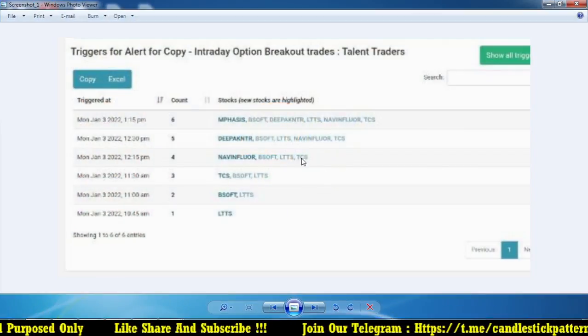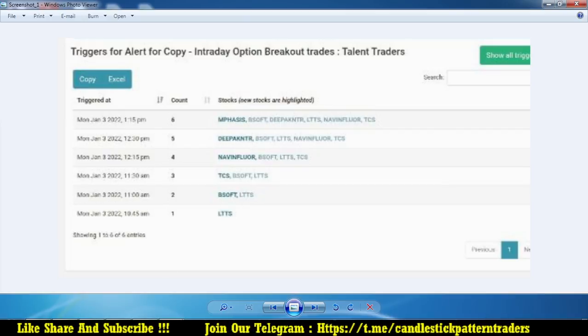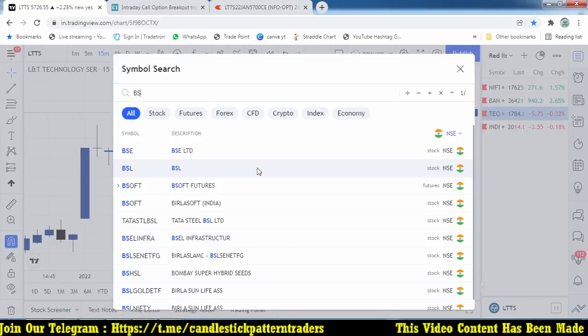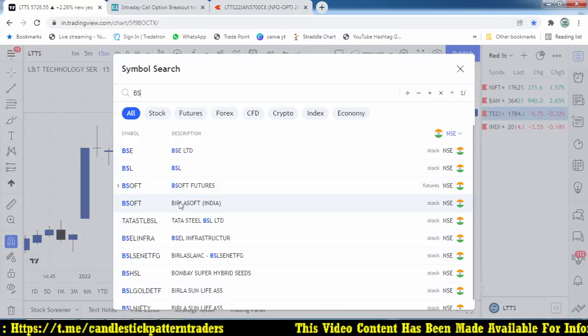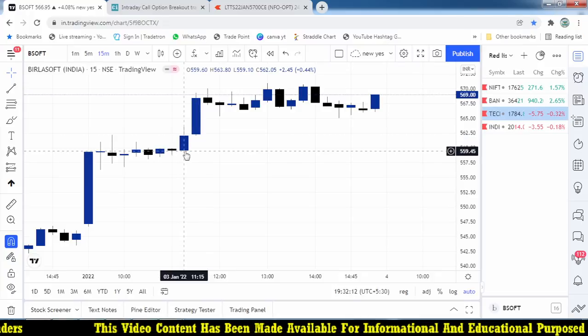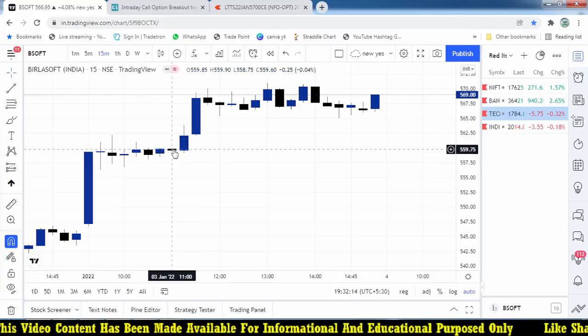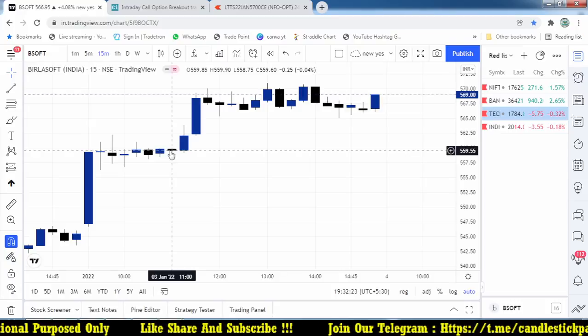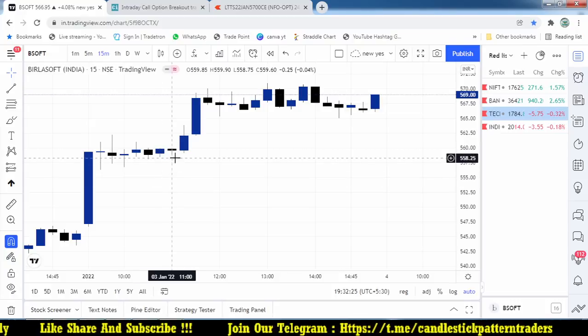And the second stock, which is Bsoft, is happening by 11 o'clock, right? So let me open the Bsoft. This is the 11 o'clock candle, 11 to 11:15. On this particular candle around 11 o'clock, the Bsoft triggers at 559 and 558. So a very minimum stop loss in the futures also.